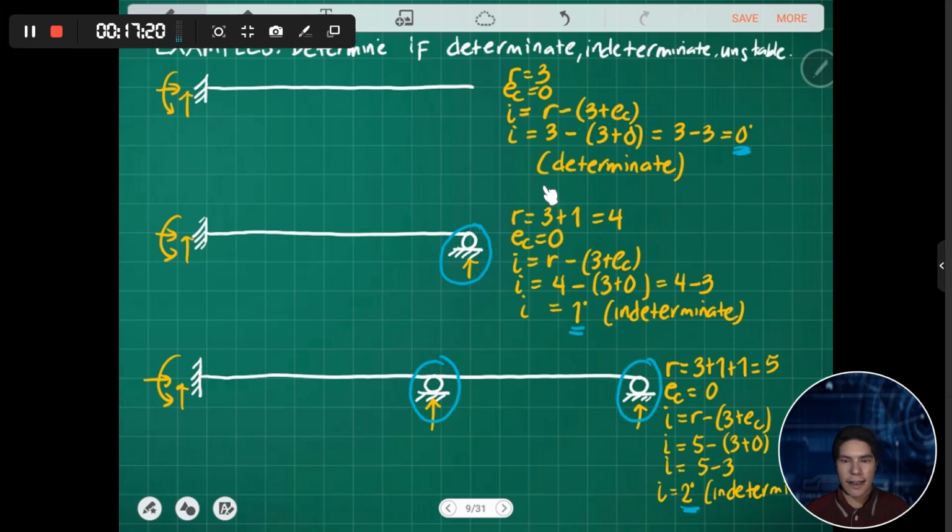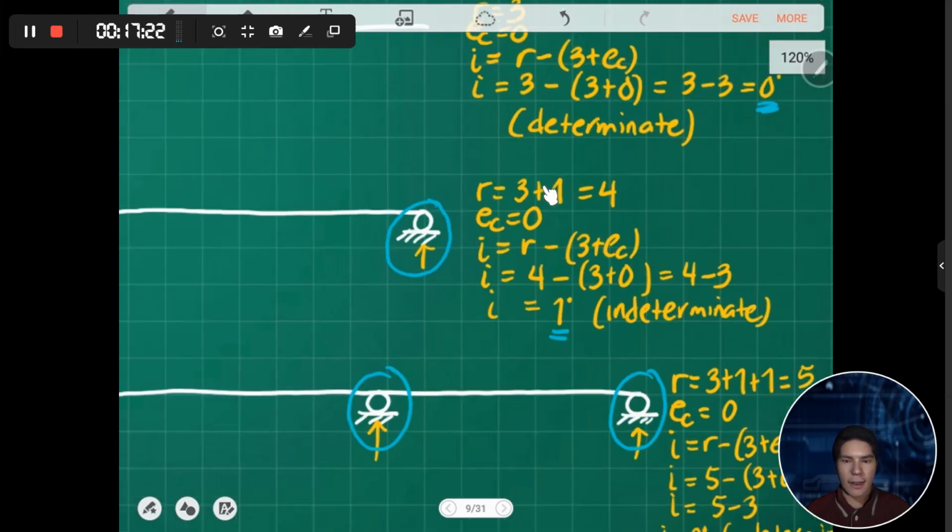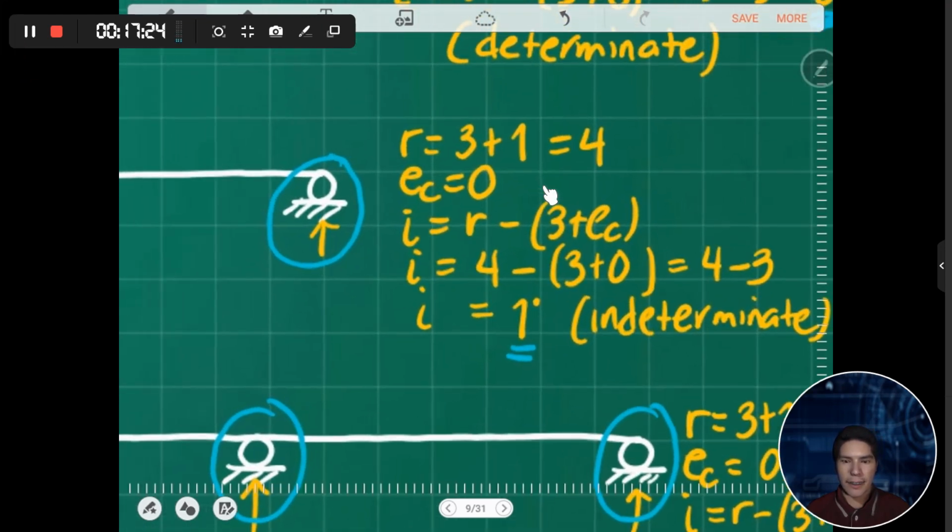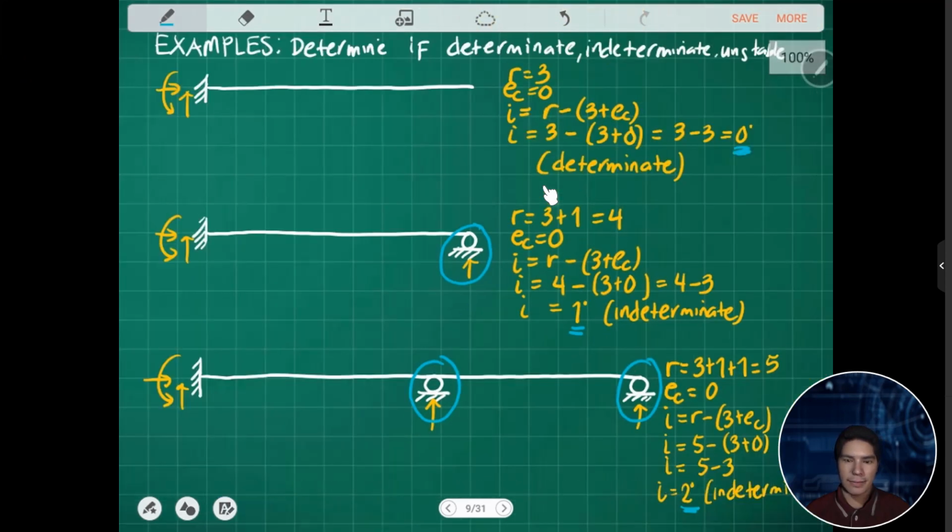Okay, so on the other hand, we can also use this degree of indeterminacy to determine how many internal hinges need to be added in our structure to analyze it using the equilibrium equations.